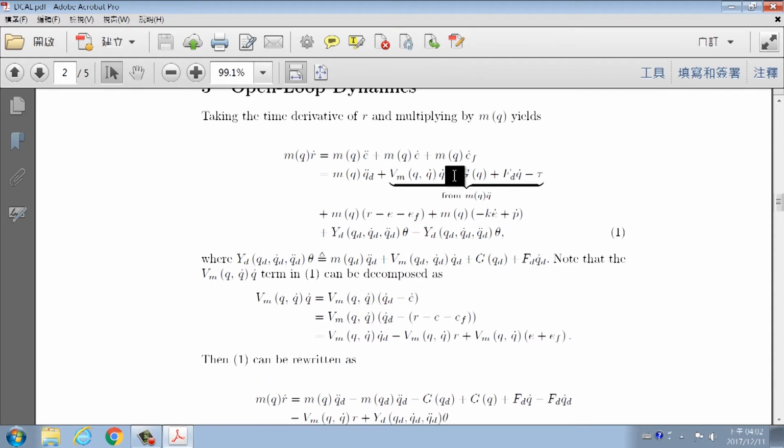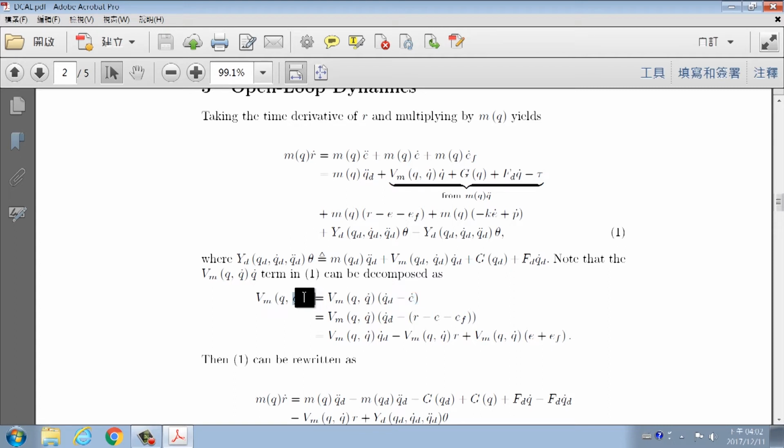Next, we focus on this term. Remember we said Q dot is not measurable, so we need to decompose Q dot into a different form. We replace Q dot with a function of measurable terms, which is the tracking error and so on.